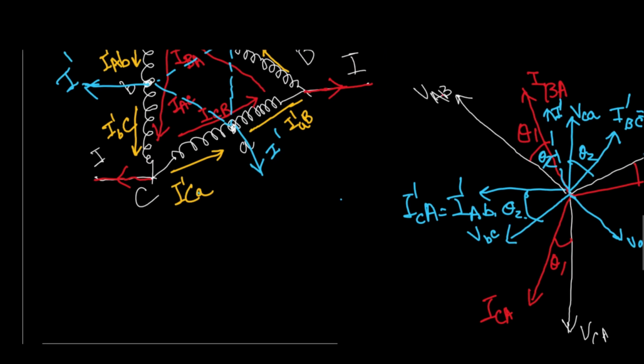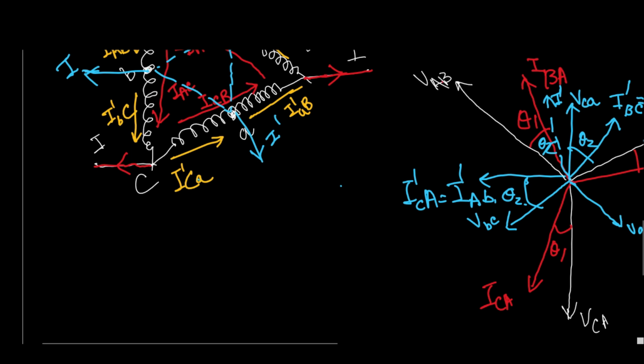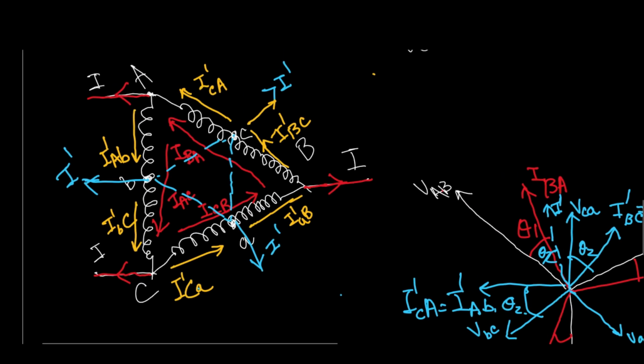But what about the current? Now for finding out the current correctly, what I have done, I have drawn the picture. So here it is your phase current IBA, IAC, ICB. Now one question may come to your mind, why it is IBA when we are talking about phase angle.